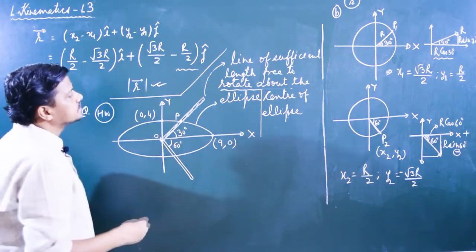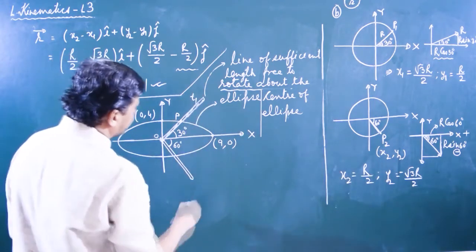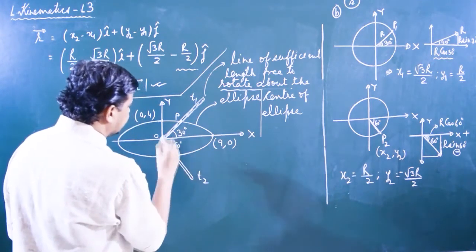Okay, it is the position at time t1 and it is the position at time t2. Here it is the intersection point.